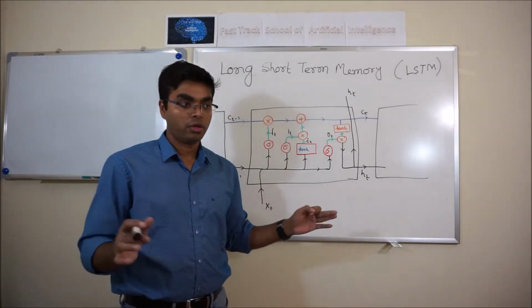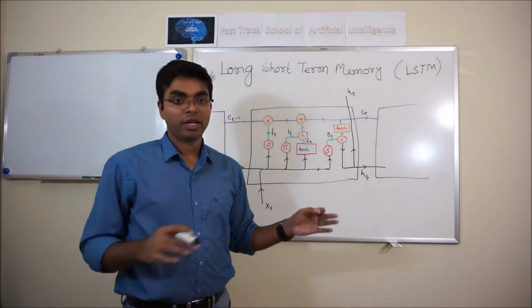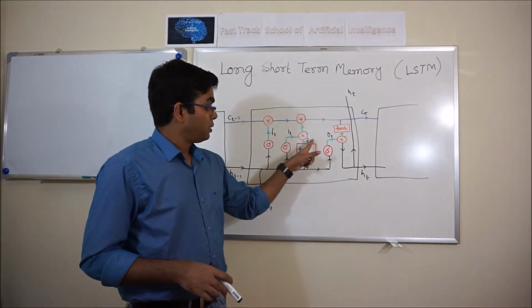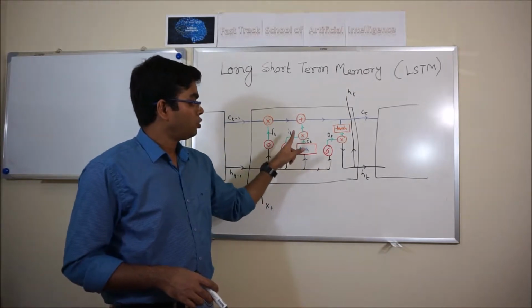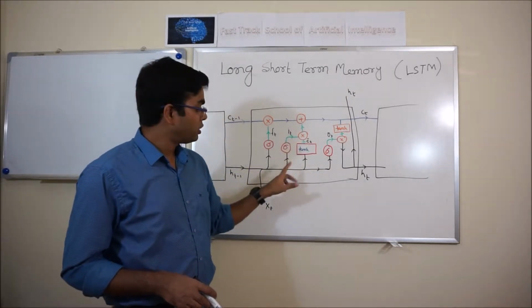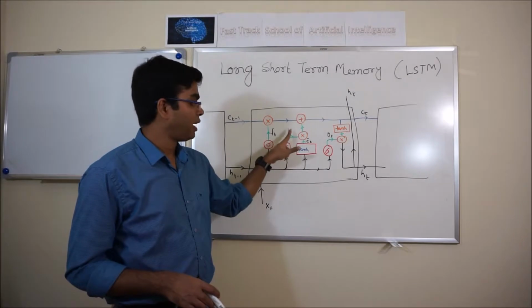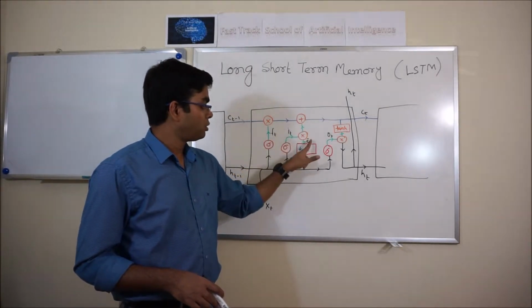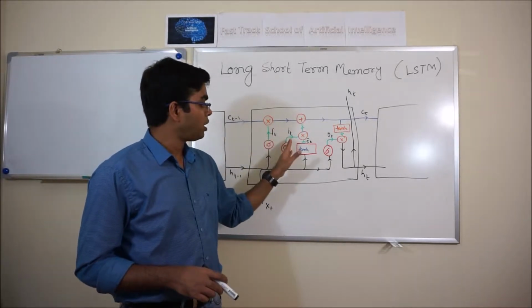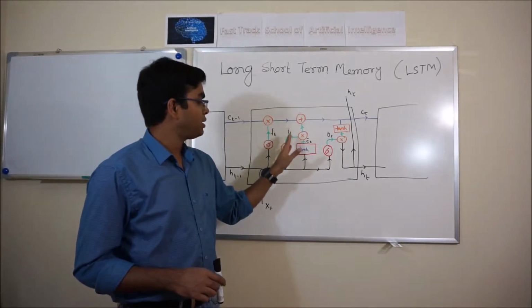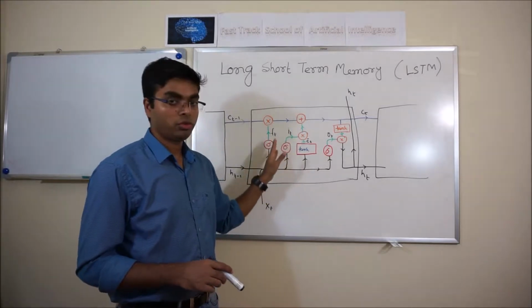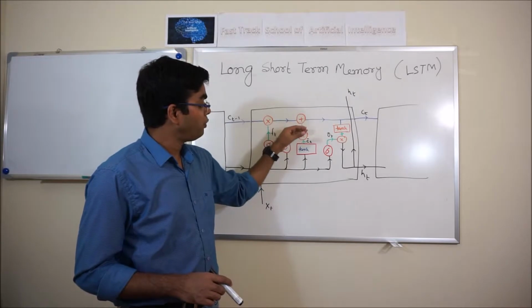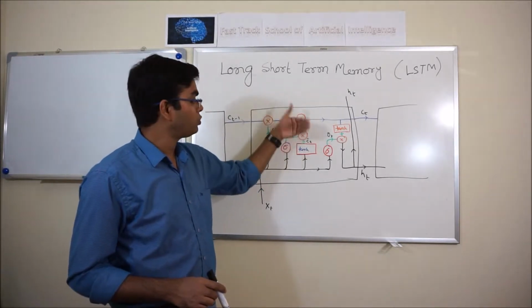It will have values for every content. That cell state would go through a pointwise operation with the information gate it. So all the values which are non-zero for this information gate would be passed further. It will go to the next step.